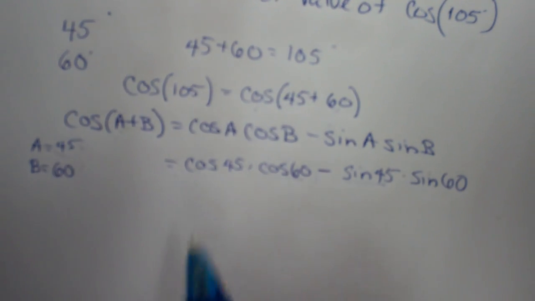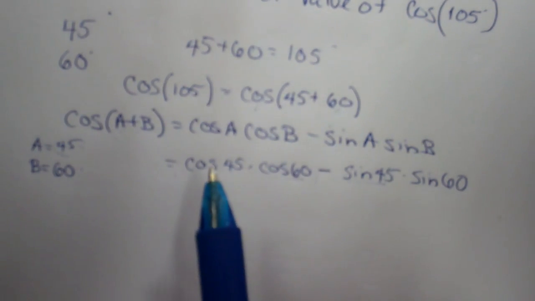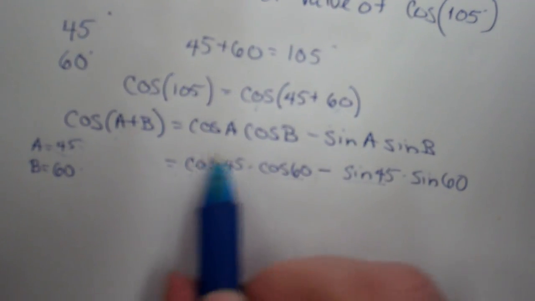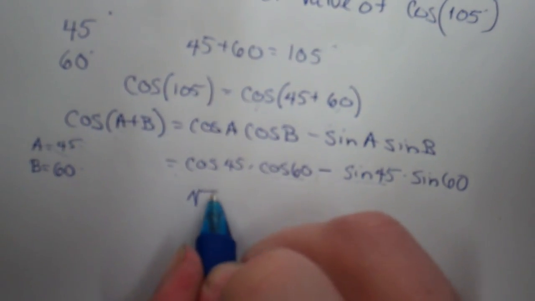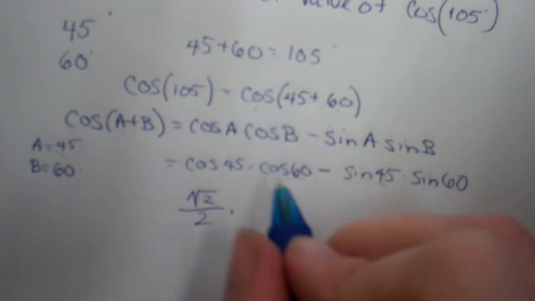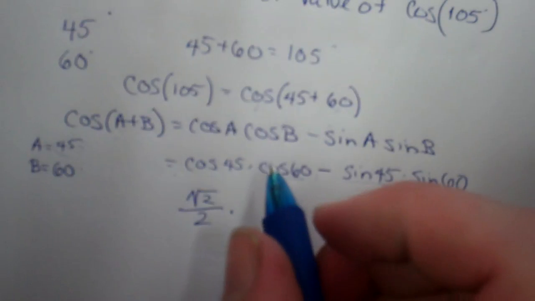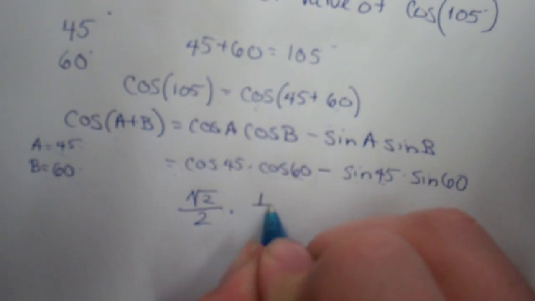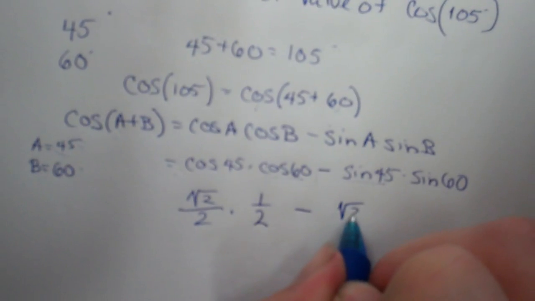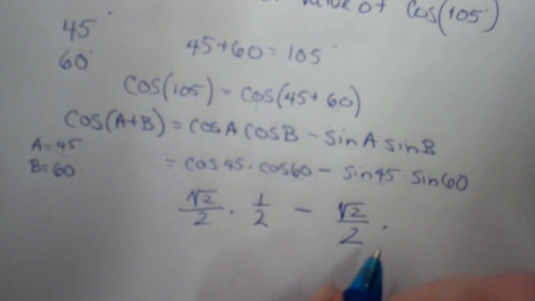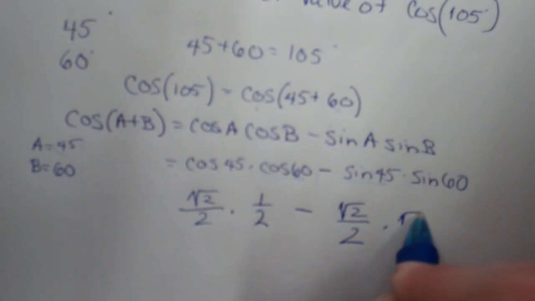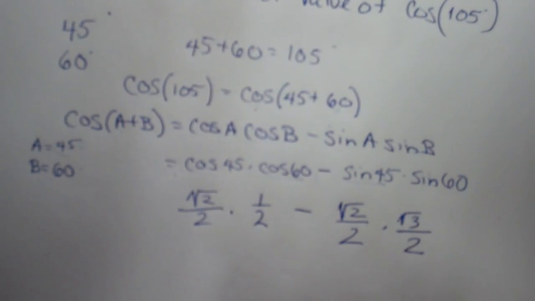If you don't have these exact values memorized, you need to make sure that you memorize them very soon. So the cosine of 45 is exactly the square root of 2 over 2. The cosine of 60 is 1/2, minus the sine of 45 is radical 2 over 2, and the sine of 60 is radical 3 over 2.